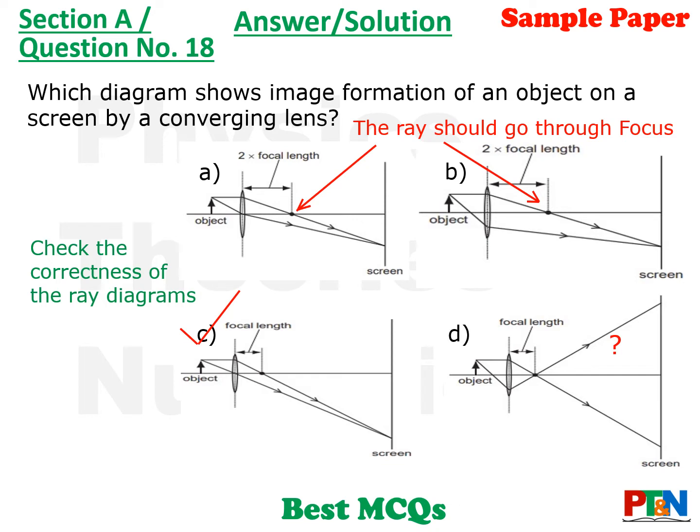It is twice the focal length. That means the ray coming parallel, after refraction, is going through the center of curvature. That is not right. It should go through the focus, which has happened in the case of diagram C. And in diagram D, how that ray got bent upward, nobody knows. That's not correct. Okay, so only C is correct.